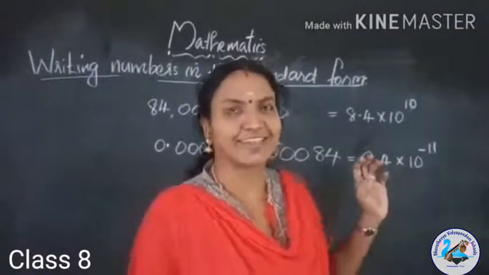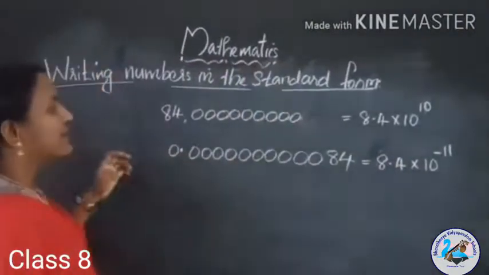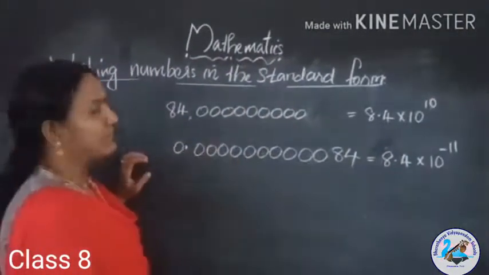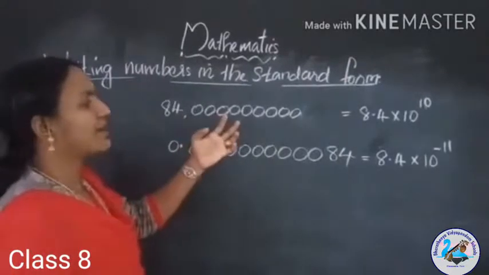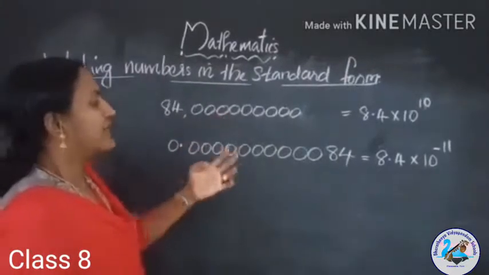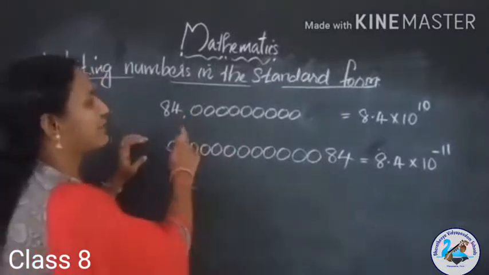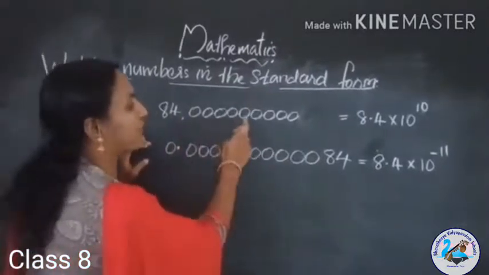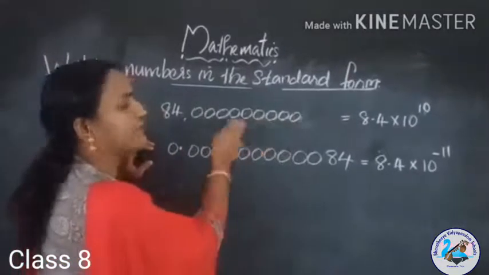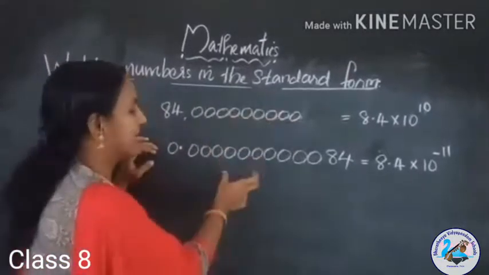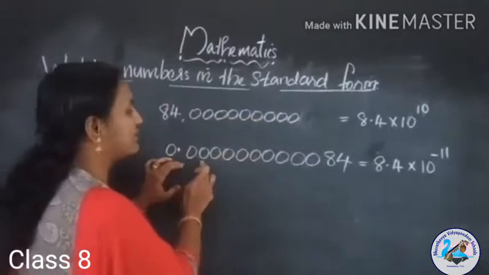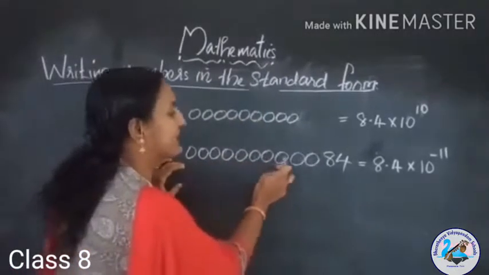Next, we shall discuss the standard form of numbers. Here there are two numbers. The first one is a very large number and the second one is a very small number. In the first one, after 84 there are 9 zeros. In the second number, after the decimal there are 10 zeros.